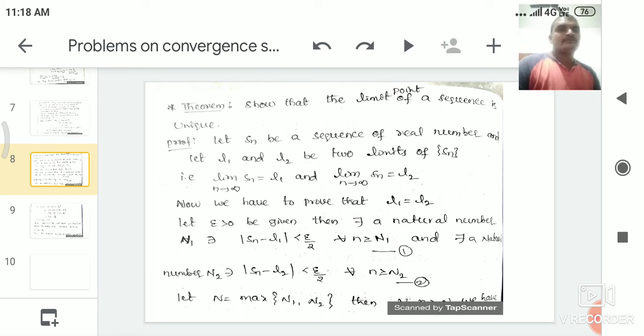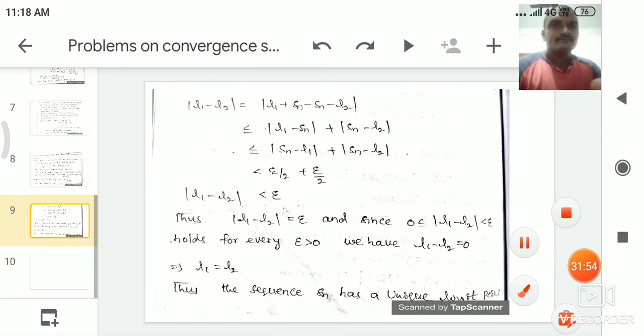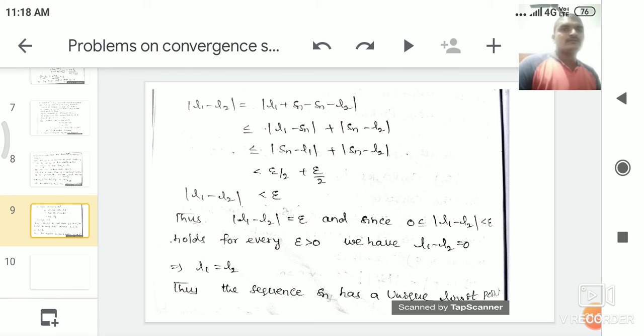Let n0 be the maximum of n1 and n2, then n is greater than or equal to n0. Next, consider mod L1 minus L2. Here we add and subtract the sequence term Sn, giving mod L1 minus Sn plus Sn minus L2, which is of the form a plus b.